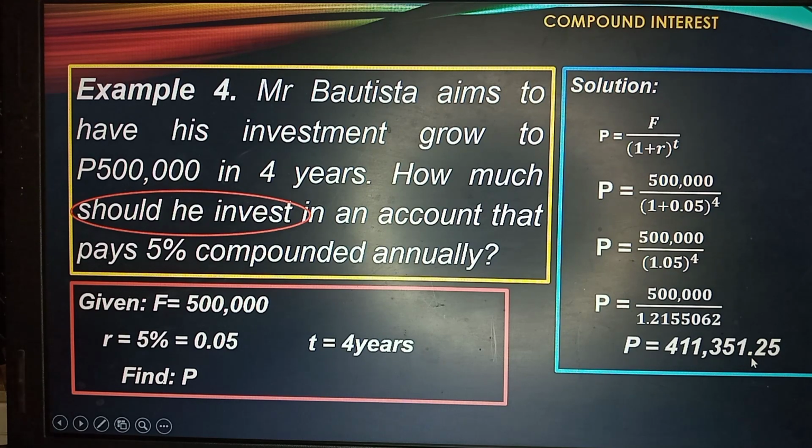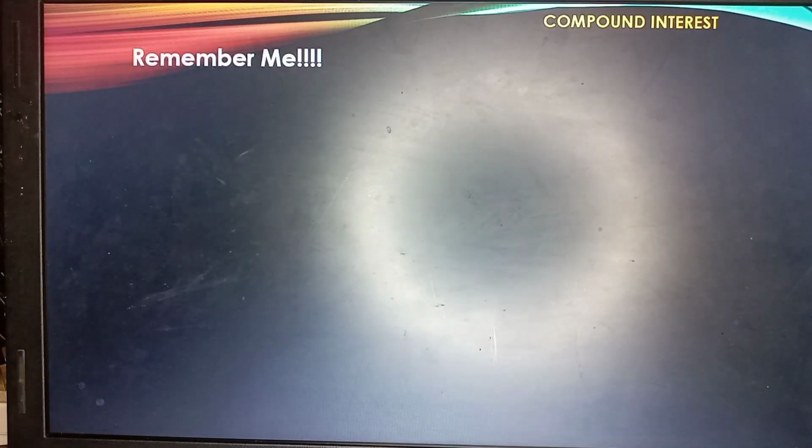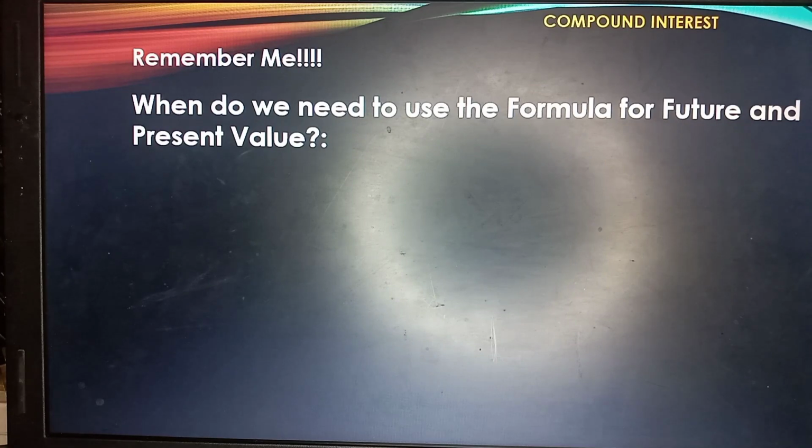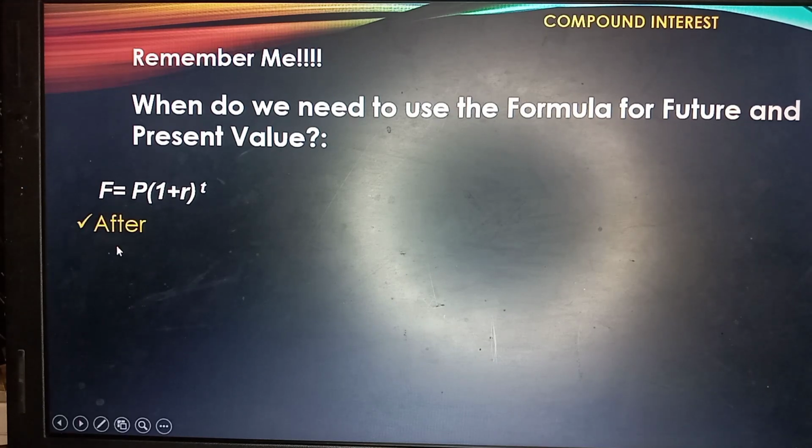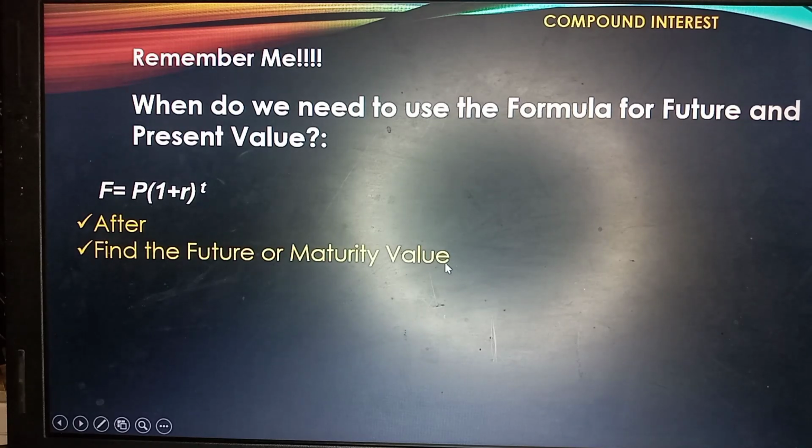Okay, so that is how we solve present value in compound interest. Congratulations. So remember, class, when do we need to use the formula for future and present value? First, the future value in compound interest. When do we use it? We look at the problem. If you read after, and you read find the future or the maturity value, then use this formula. The problem involves future maturity in compound interest.